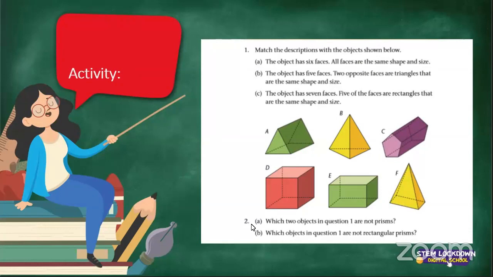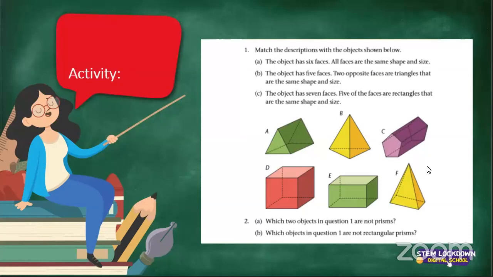I see one is saying B. Matilda is saying A, B, C, D, F. Please switch off your camera, otherwise you'll be kicked out of the class. So which two objects? Remember, it's two. If the instruction says two, please identify only two and not more than two.